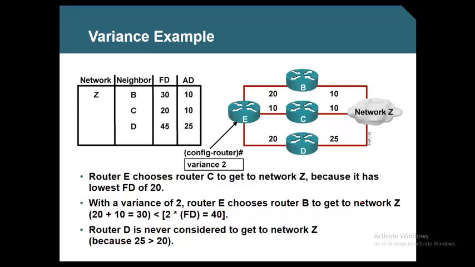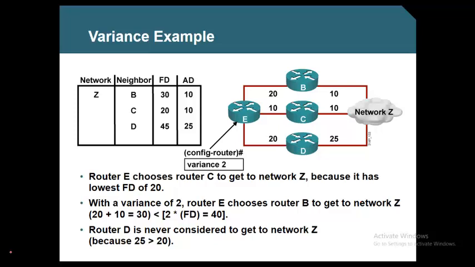Okay. Now, question is, without variance, which path will be preferred? Without reconfiguring variance, which is the preferred path for E to reach Z? Lowest metric, isn't it?